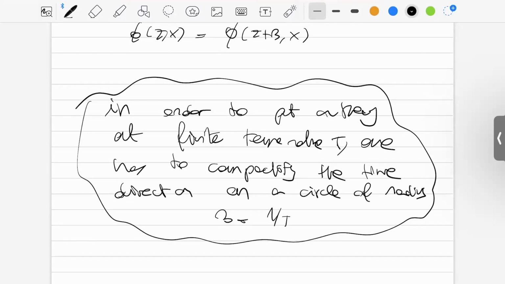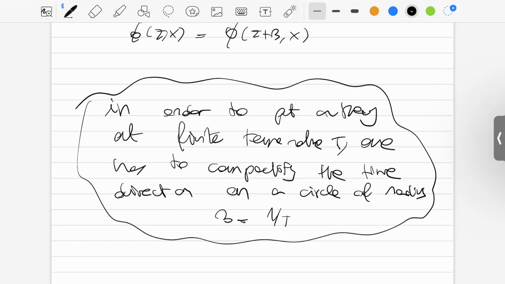So why is this important for us? Well, because we now want to derive the temperature for a very particular system. I want a quantum field theory which lives on the background of a black hole.